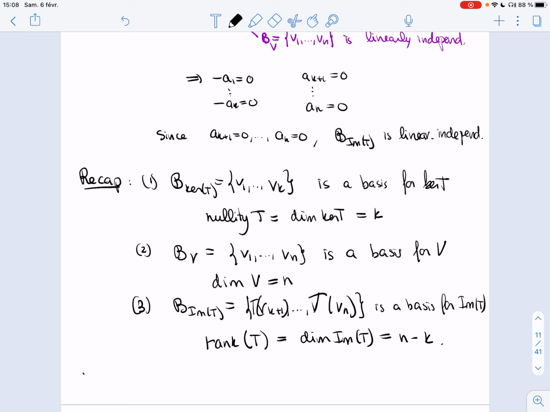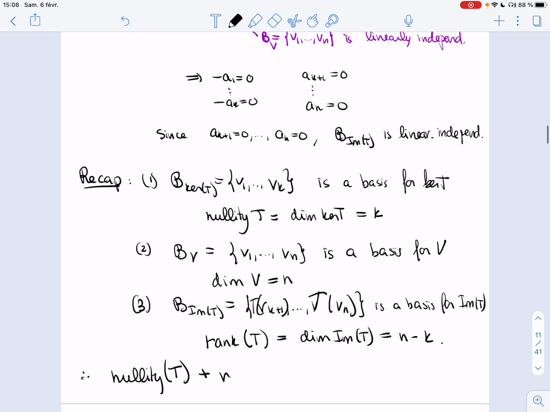And so as claimed, the nullity of T plus the rank of T, that's n minus k plus k, that's equal to n, which is the dimension of V. And we're done. All right, good.